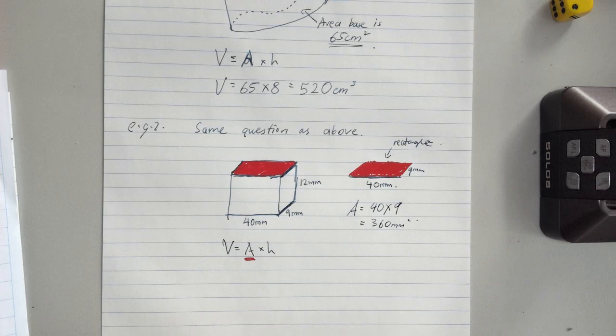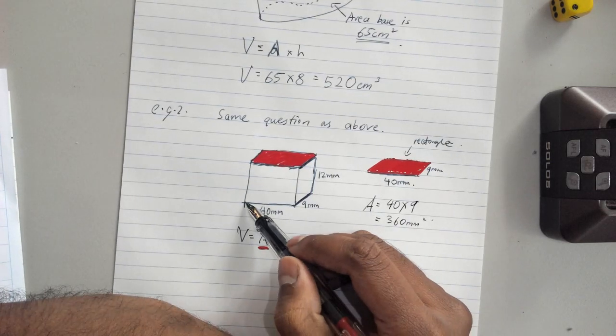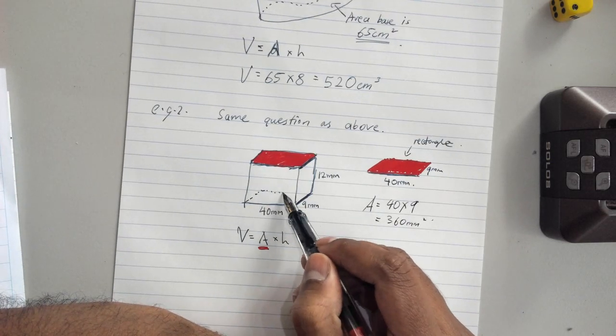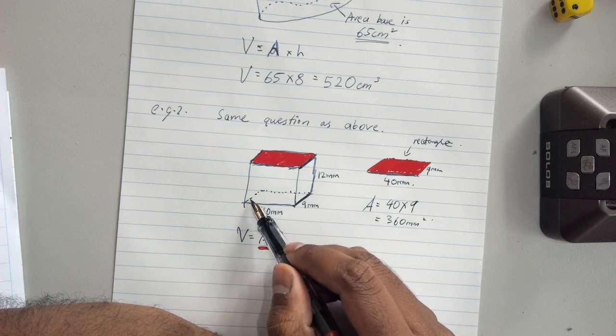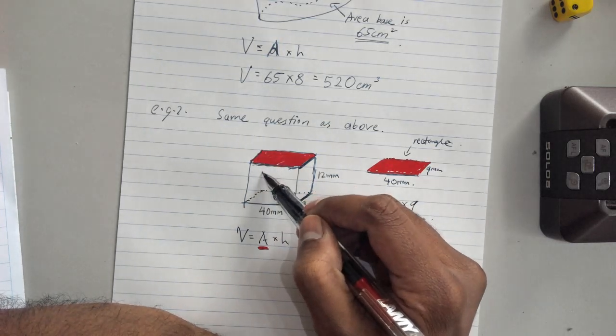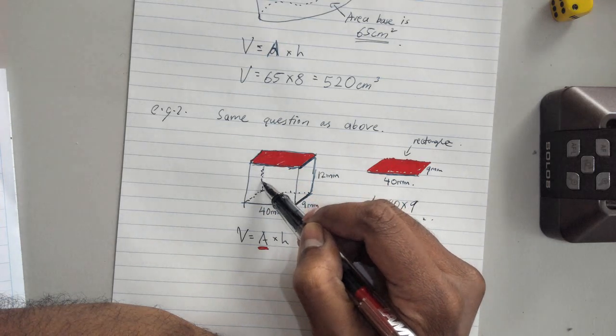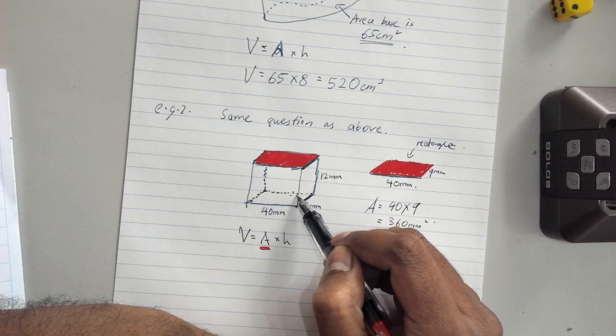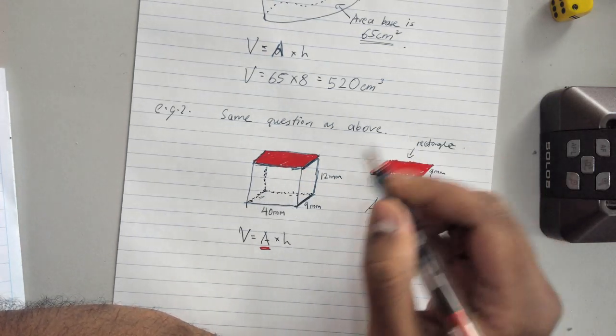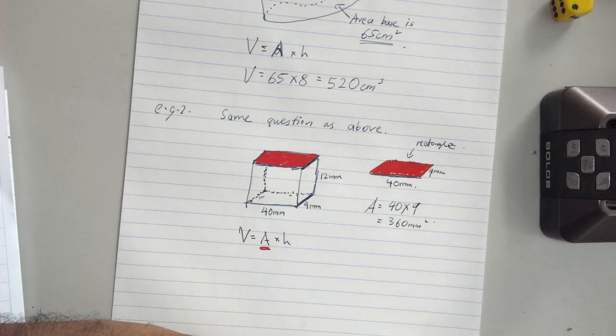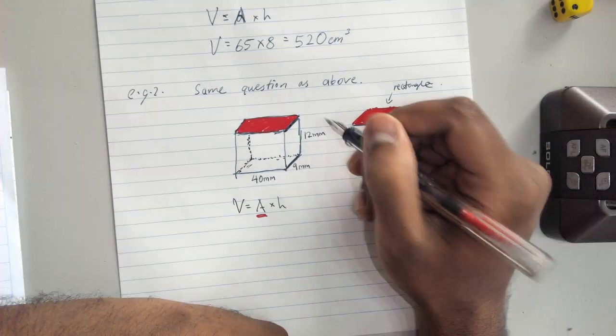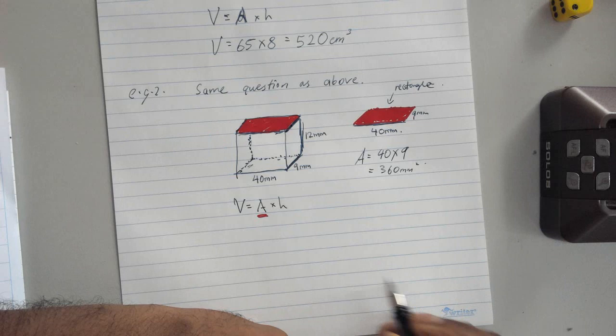Now, if that's my area, where's the other side? The other side is actually there, right? It's down the bottom. So from there to there, what's my height, or h? Well, it has to be 12.